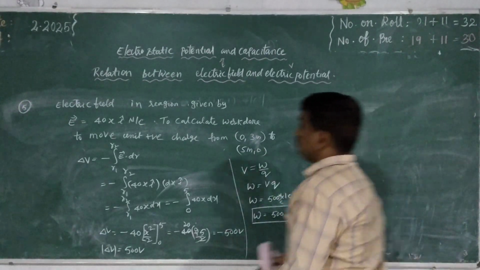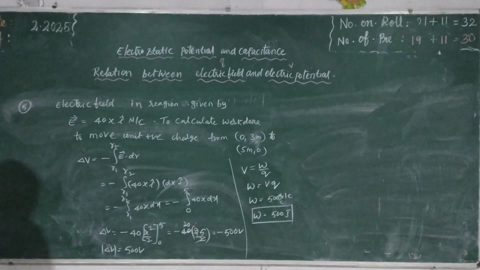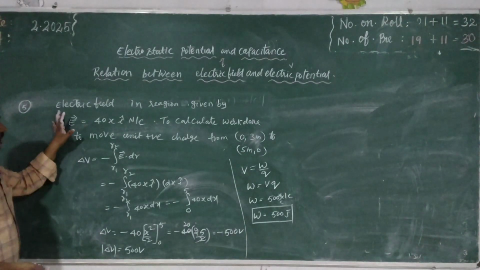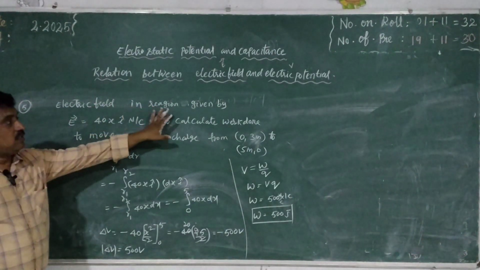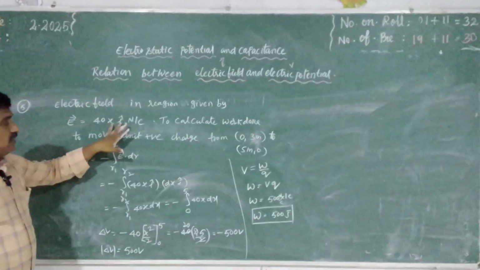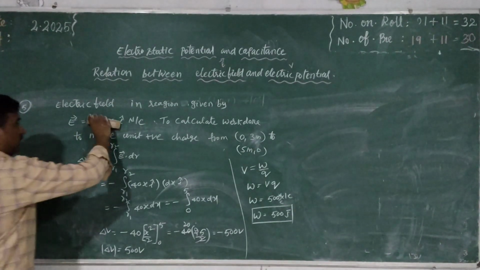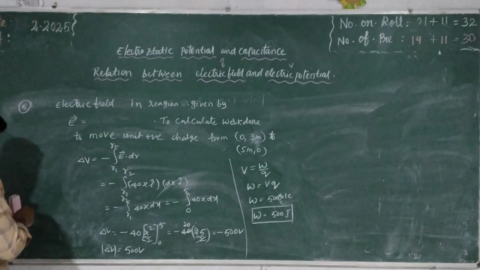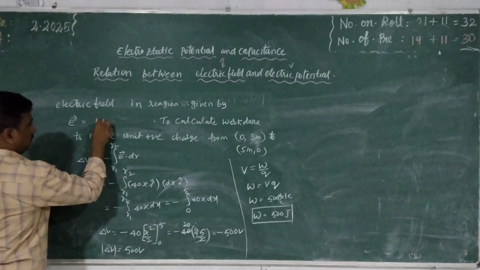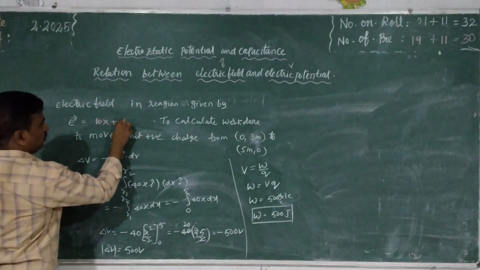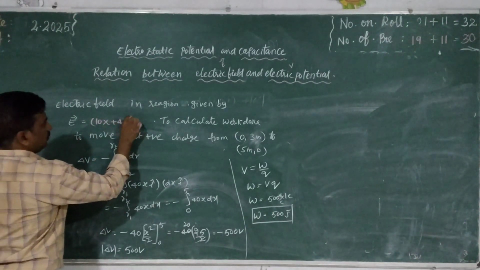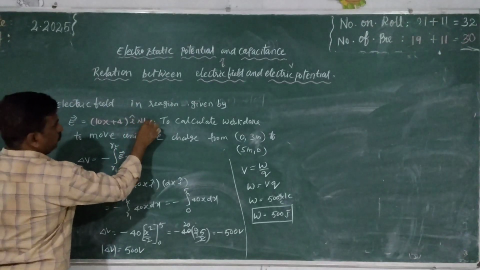The problem now: the electric field in a region is given by 40x I cap. Now, instead of 40, we write 10x plus 4 I cap Newton per coulomb.